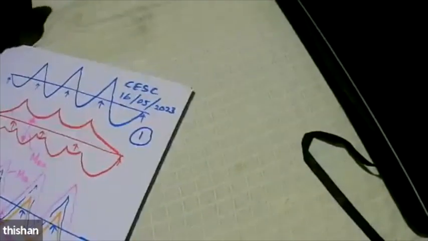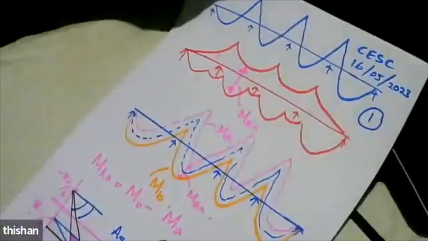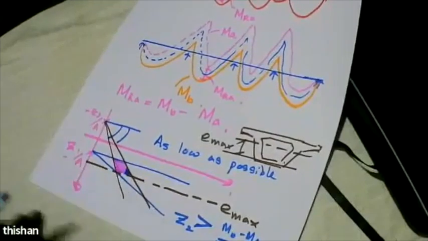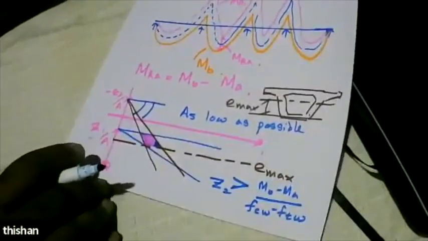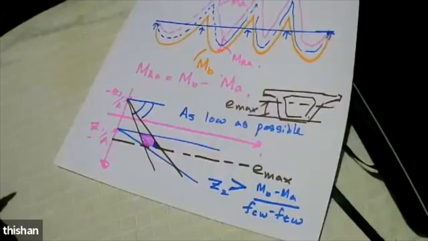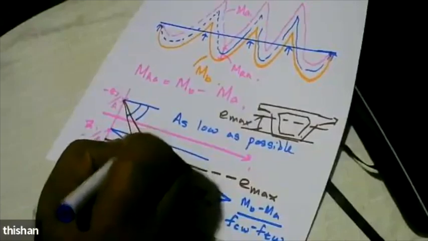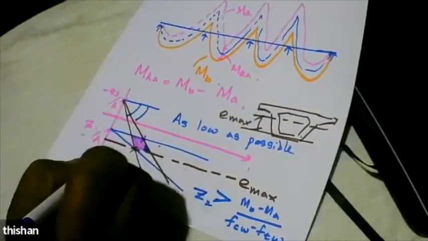So that's a summary of what we learned last time. And we went up to the Magnel diagram, we derived the equations, and then we derived these conditions. And I also said these two points will be unique.